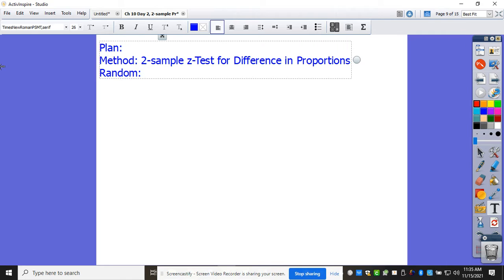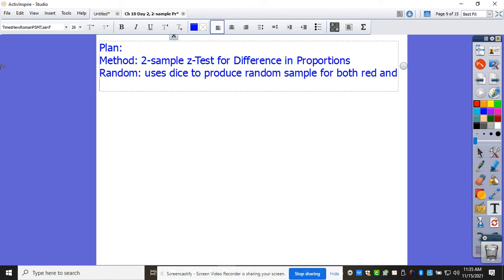Let me write this one. Uses dice to produce a random sample for both red and non-red cars.